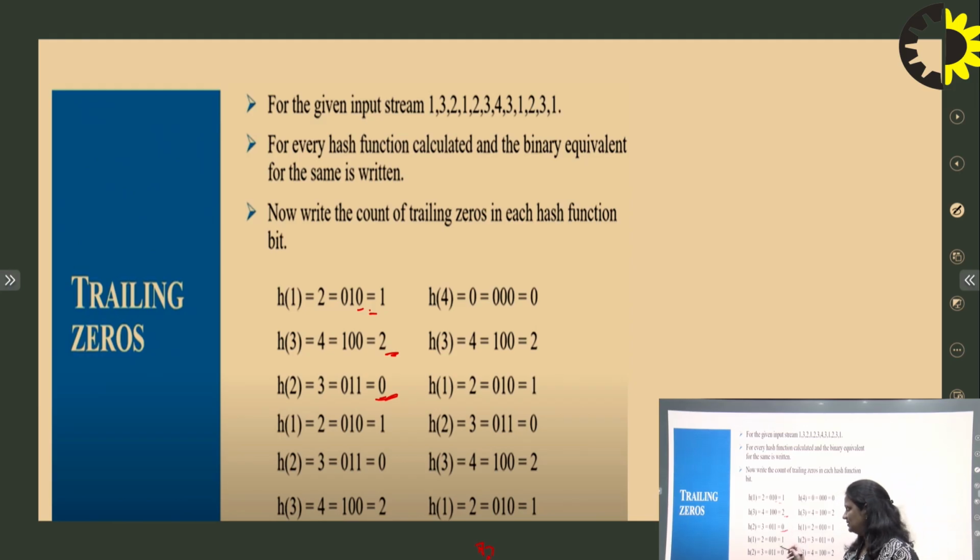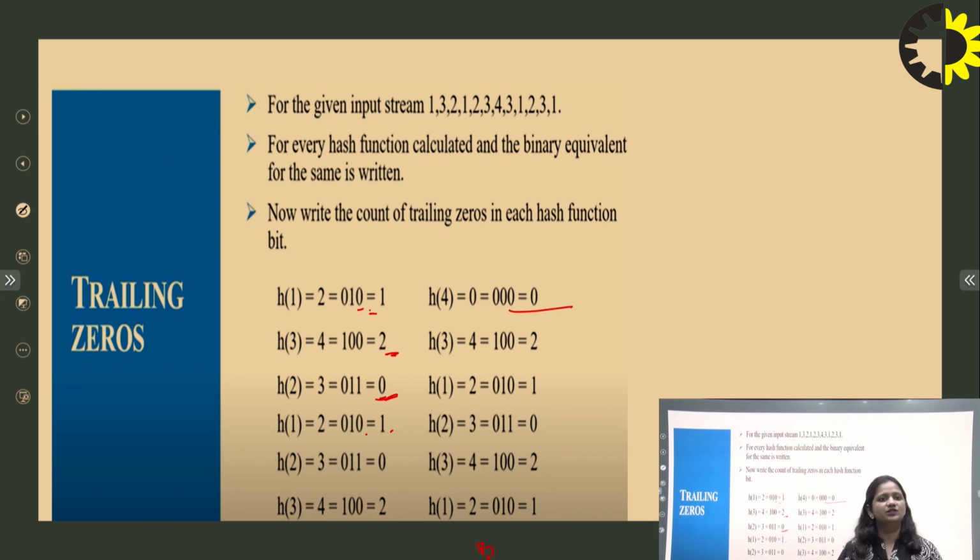Now, as we discussed above, start from the right, count the number of 0, that is 1, and stop when the 1 is encountered. So, the number of trailing 0 is 1, as in this case 0, 2, and in this case 0.